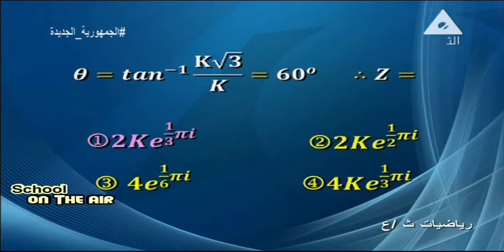The square root of x squared plus y squared equals 2k. And we find theta by using shift tan of y over x. And remember, this complex number lies in the first quadrant, because x is positive and y is also positive. Then z equals 2k e to the power pi over 3 i.